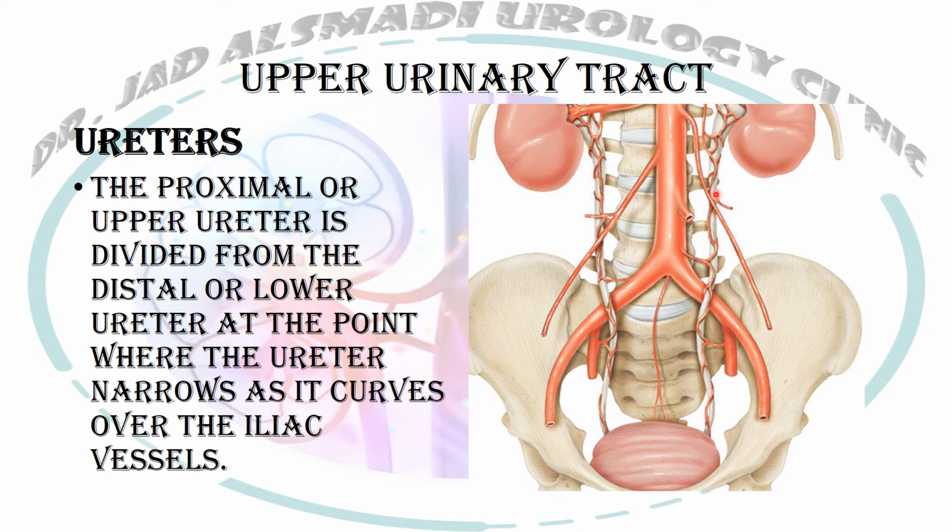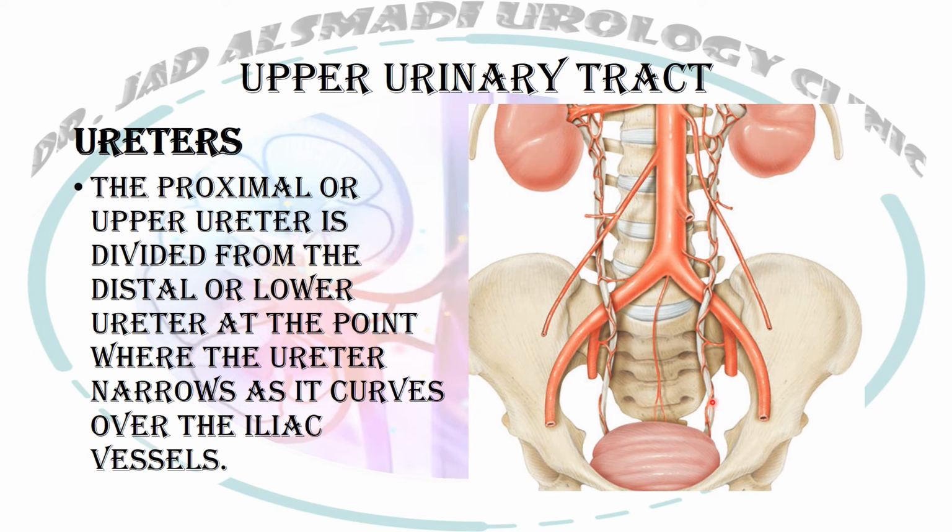The upper segment is continuous from the PUJ, reaching the upper border of the sacroiliac joint, especially on KUB. This is very easy to identify. Then the middle ureter is from the upper border of the sacroiliac joint to the lower border of the sacroiliac joint. The lower ureter is from the lower border of the sacroiliac joint until reaching the bladder, including the intramural part.